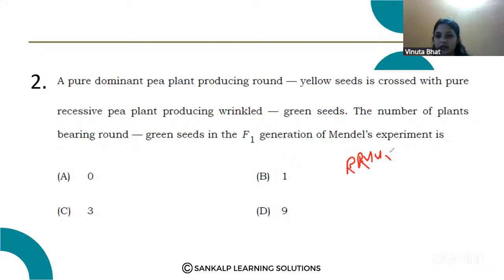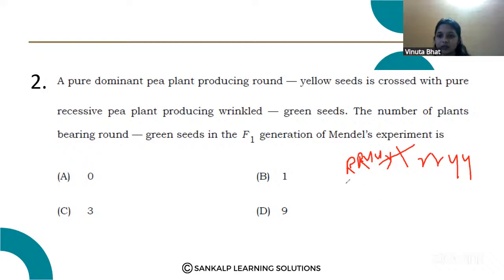They are crossed with the pure recessive plant. Here, pure recessive plant means small r, small r, small y, small y.